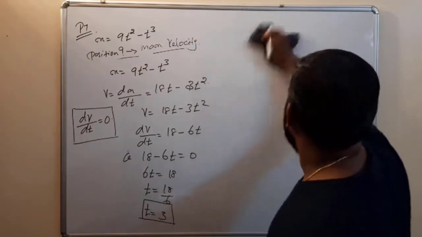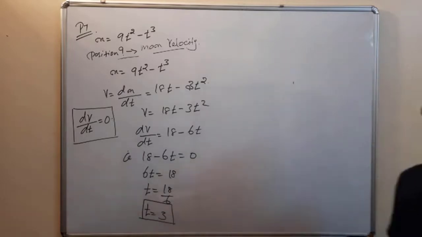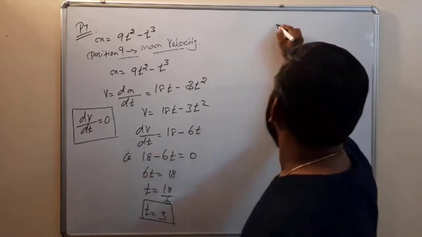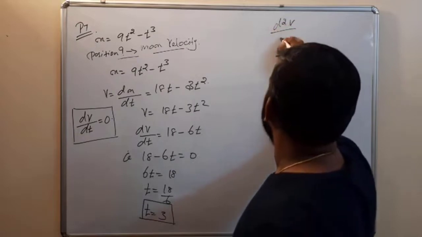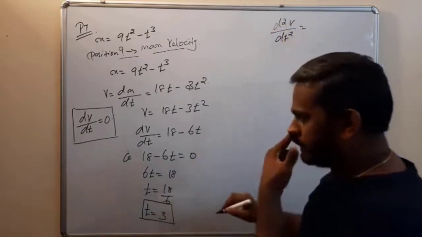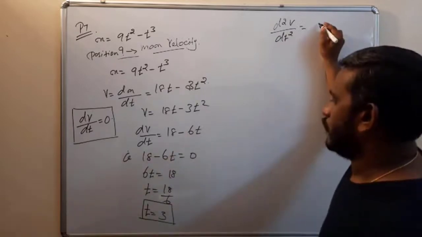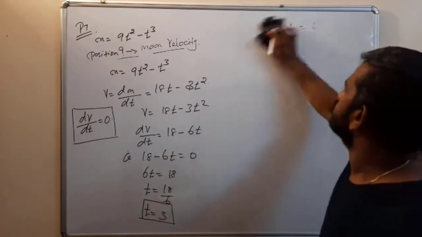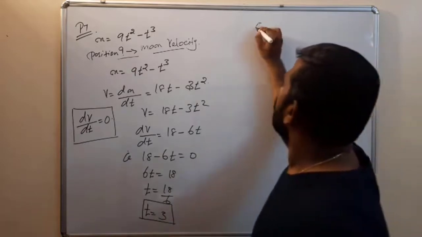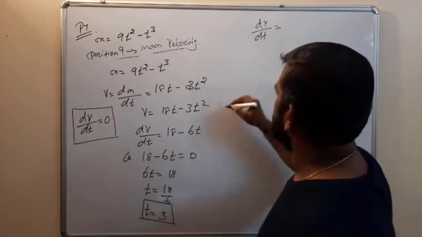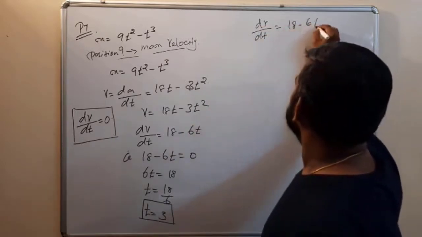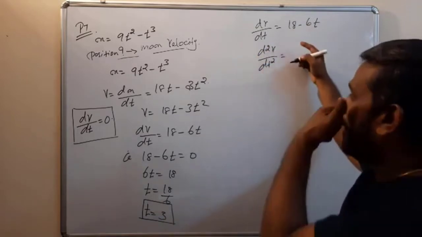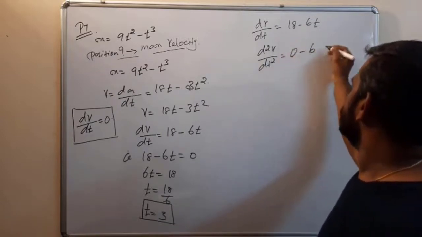So we have to confirm whether it is maximum or minimum. We have to go to the second derivative check, that is d square v by dt square. dv by dt is equal to 18 minus 6t. The derivative of the constant 18 is 0, minus 6 into 1, that is 6.